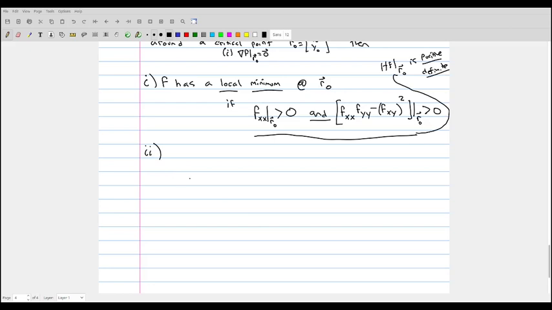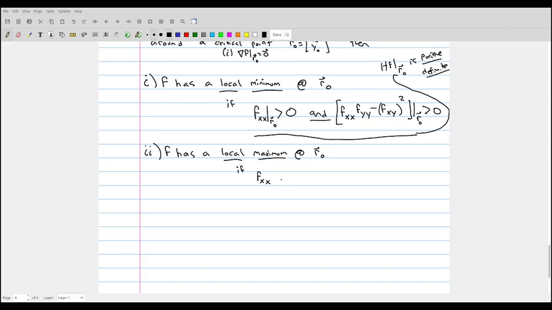The second result from the second derivative test is very similar to this one. It says that f has a local maximum at the point r0 if the following is true.